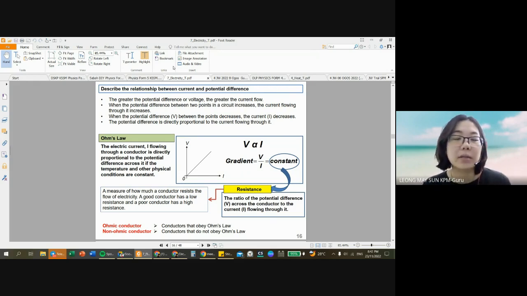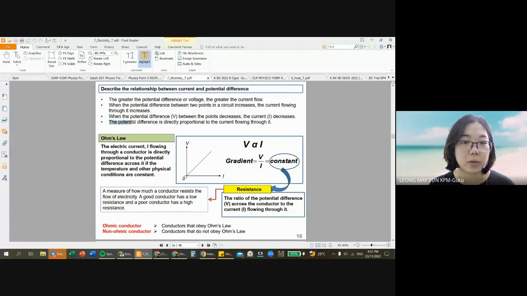So when the potential difference between 2 points in a circuit increases, the current flowing through the circuit increases as well. When the potential difference decreases, the current decreases. The conclusion is that potential difference and current are directly proportional.